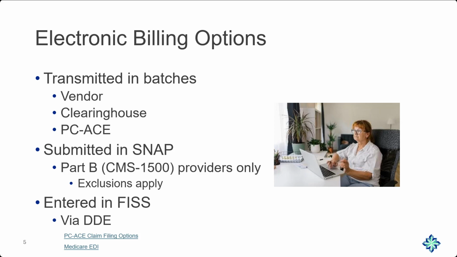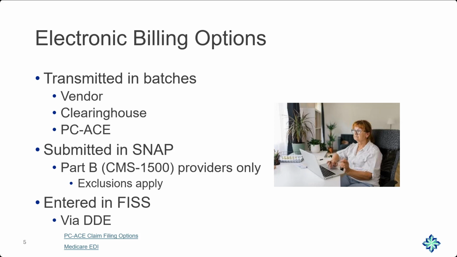That's for Part B providers who bill on a CMS 1500. There are exclusions also with that, but I did want to mention it because some of you might do both or work with providers who do both. SNAP, which stands for Secure Net Access Portal, that provider portal is totally separate from direct data entry.